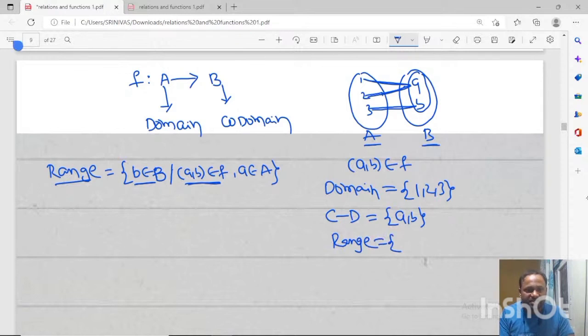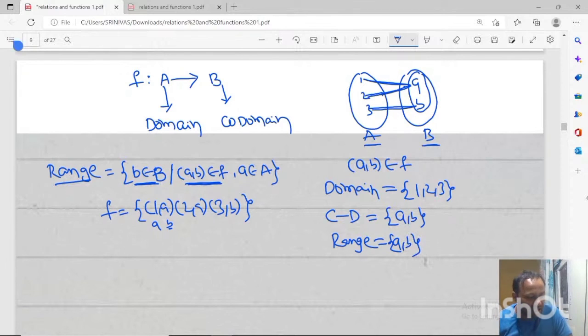Range: I said here b belongs to capital B where (a, b) belongs to F. That means if I write like this, F is equal to {(1, A), (2, A), (3, B)}. Here from (a, b), we need to take b, that means A, B. Same answer.